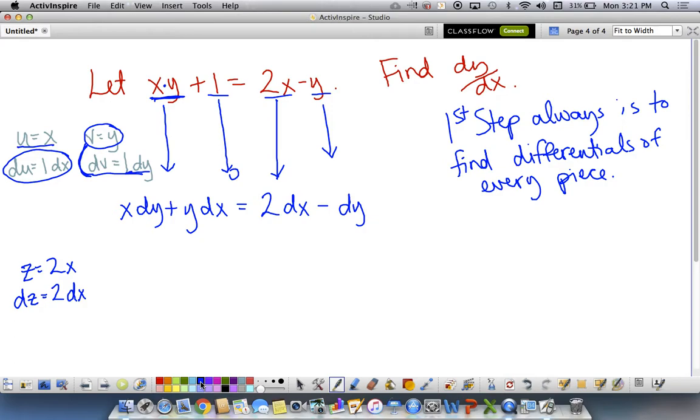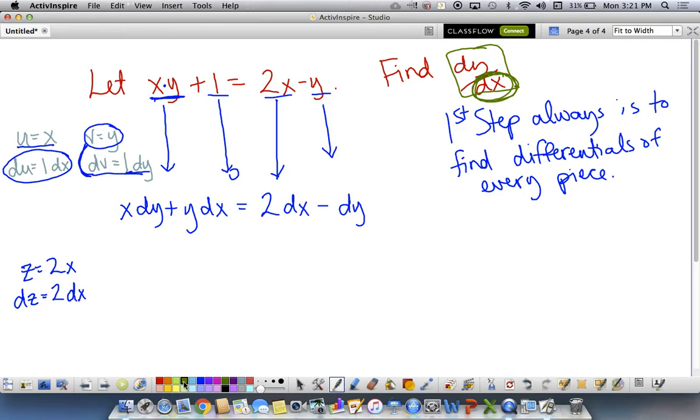Okay, next, we are solving for dy dx. So what do we need to divide everything by? Your second step, after you've found all the differentials, will be to divide by whatever you're solving for. A little hint, that will change. It will not always be dy dx. We could solve for dx dy. So watch out, it will change.